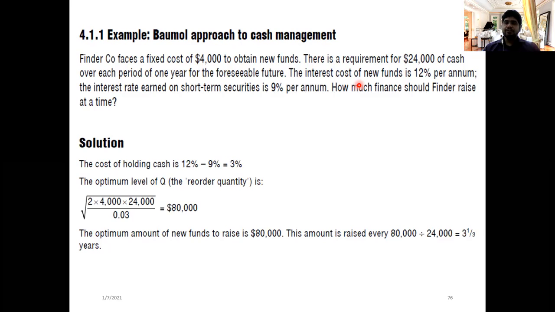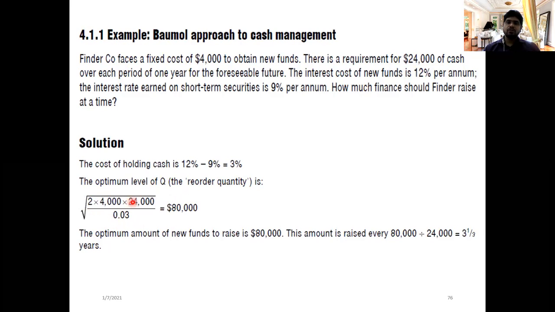And the annual demand for cash, the annual requirement, equals 24,000, and we have to put 2 as in the formula, and the transaction cost of order is 400.